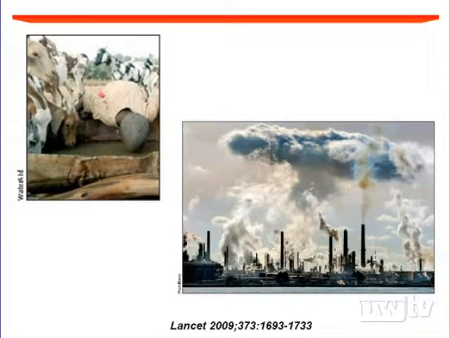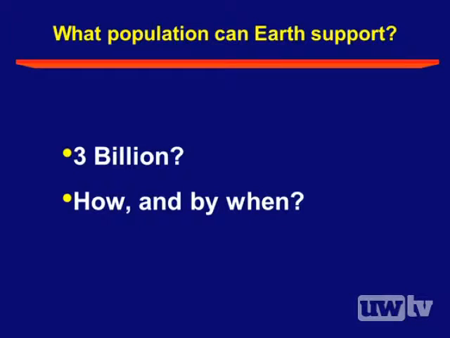And here is a picture of an industrial mega city in the south. It raises the question, what population can the Earth actually support? Currently around 7 billion people. And a friend of mine who was a classmate in college, who was with the World Bank for years, had a paper recently saying that it was probably about 3 billion.